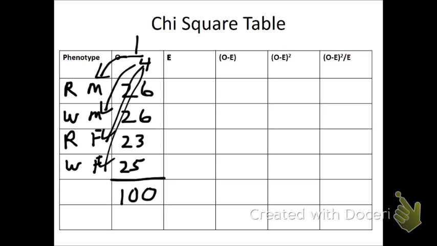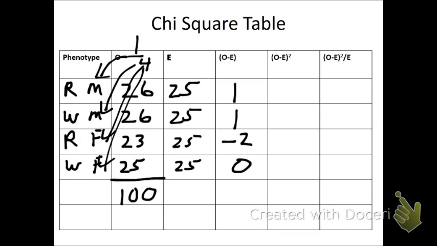So we're going to take 1/4 of 100 to get the expected numbers for each one of these. 1/4 of 100 is 25. So we're expecting 25 of each phenotype. From here on out, we just fill in the table, just like normal. So we're going to go O minus E, 26 minus 25, 26 minus 25, 23 minus 25, and 25 minus 25.